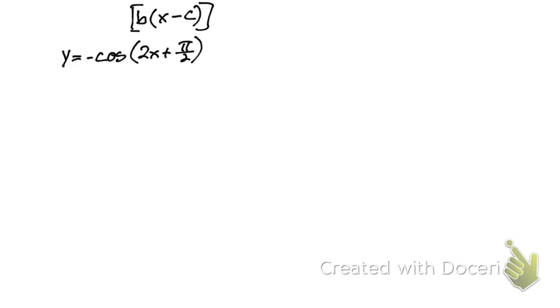But since we're changing the period, we have to see how that affects the shift, and the only way to do that is to factor that 2 out of both of these. And quick reminder, factoring is just dividing. Distributing is multiplying, factoring is dividing. So if you bring a 2 out, you just go pi over 2 divided by 2, and then you'll have that new inside value. All right, the rest of this sheet is going to be homework.